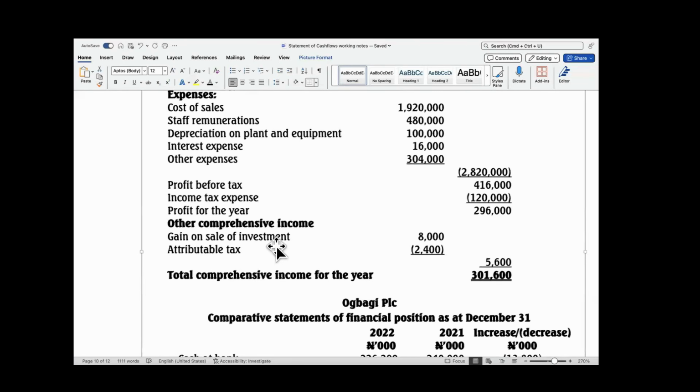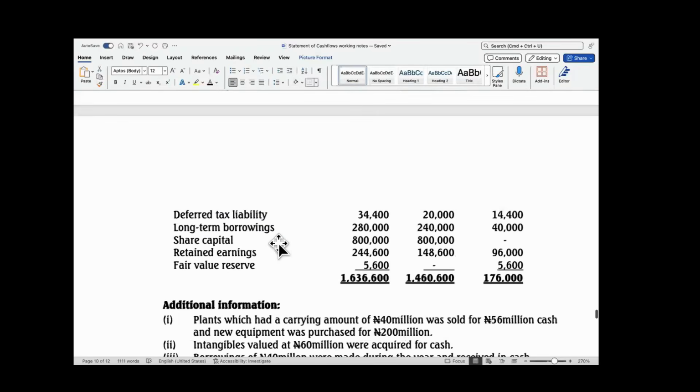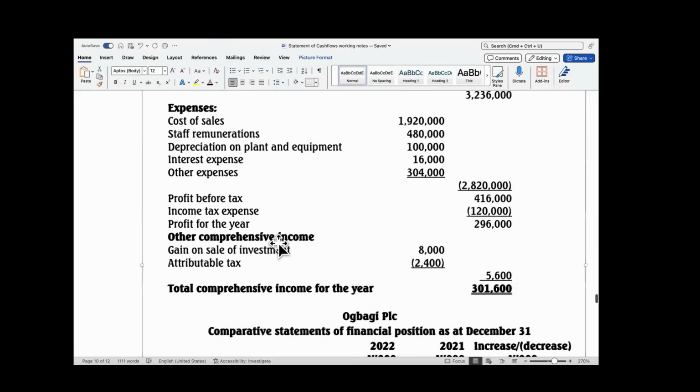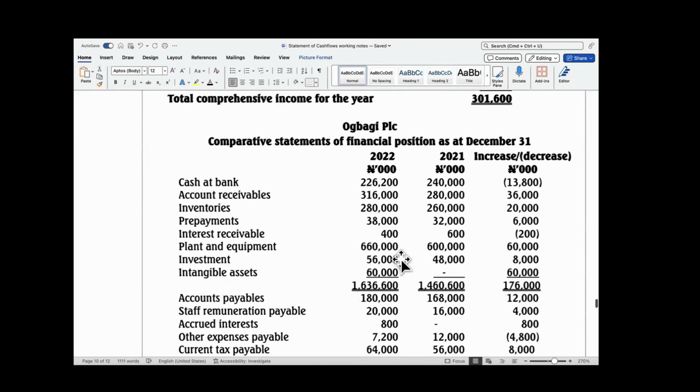Hold on. Is this acquisition of investments? I think this investment that we did, where is it? It's increased now by 8,000.